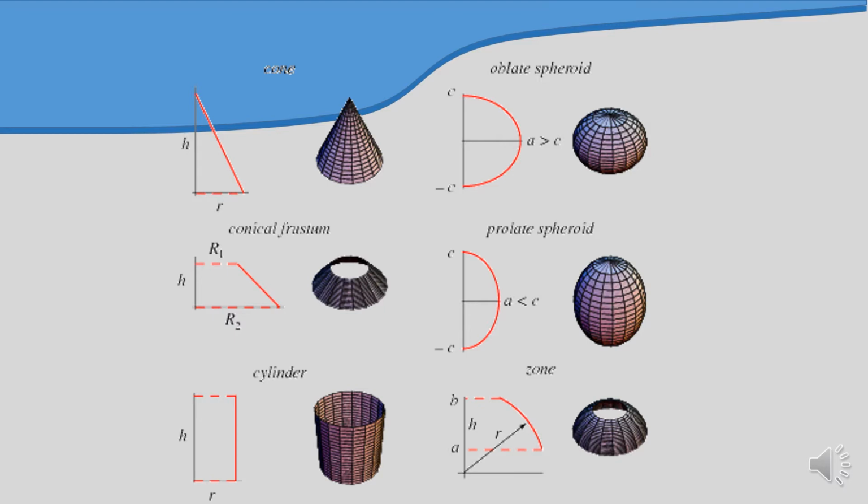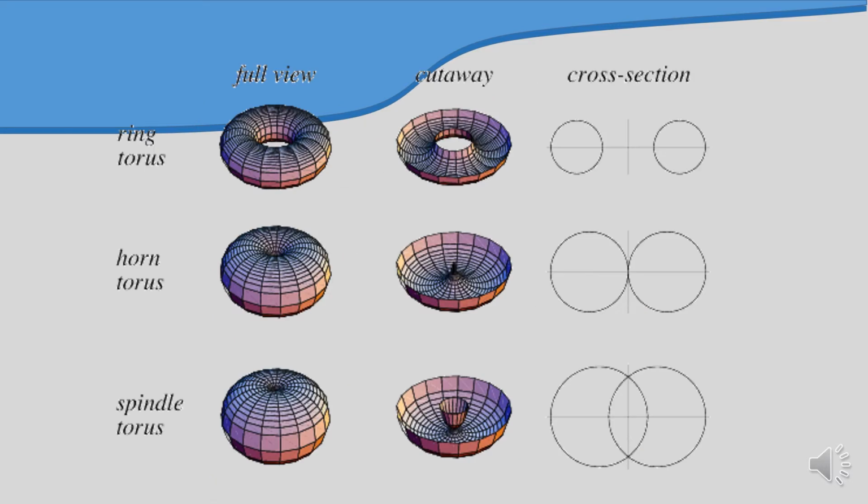Basically, with a curve or straight line rotating about a certain axis, it will produce a shape, and we get the surface area by using the formula of Pappus-Guldinus, theorem number 1. And also there are several torus shapes, which are ring, thorn, and spindle.